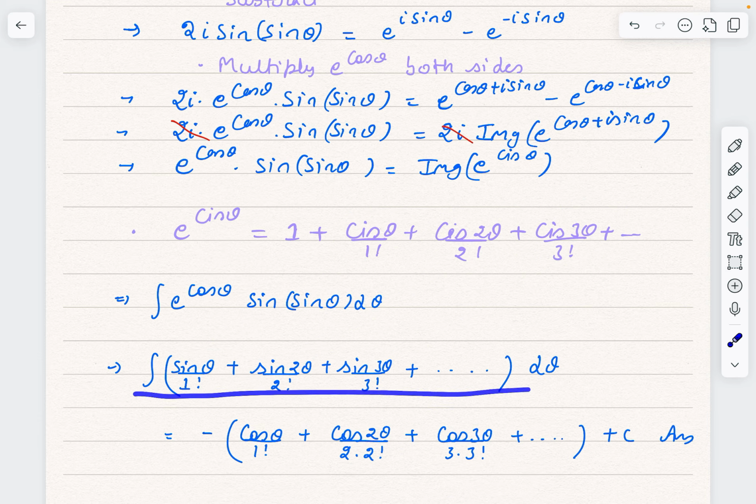When you integrate that, you get minus of cos theta by 1 factorial, cos 2 theta by 2 into 2 factorial, cos 3 theta by 3 into 3 factorial, and so on, plus c. That is all.